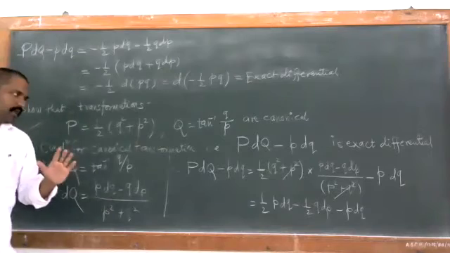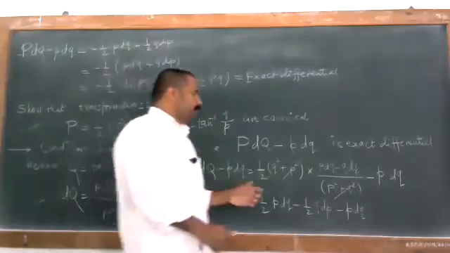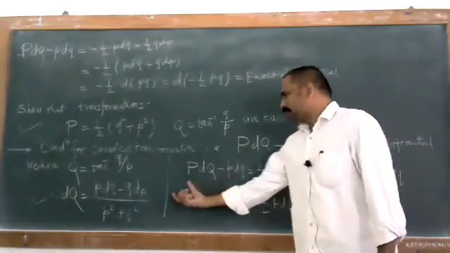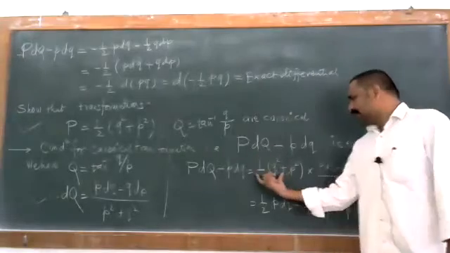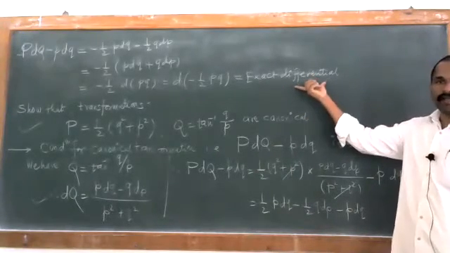So the condition is saying we have this capital P, capital Q. You just find out the value of this dq. Find out the value of dq, put in the transformation that is given, and just check whether it gives us an exact differential.